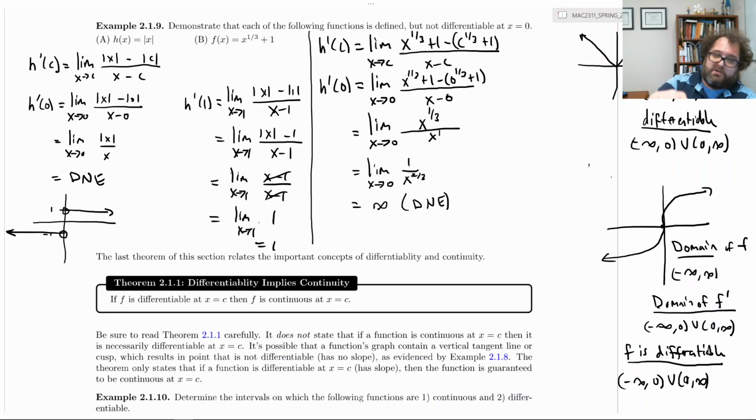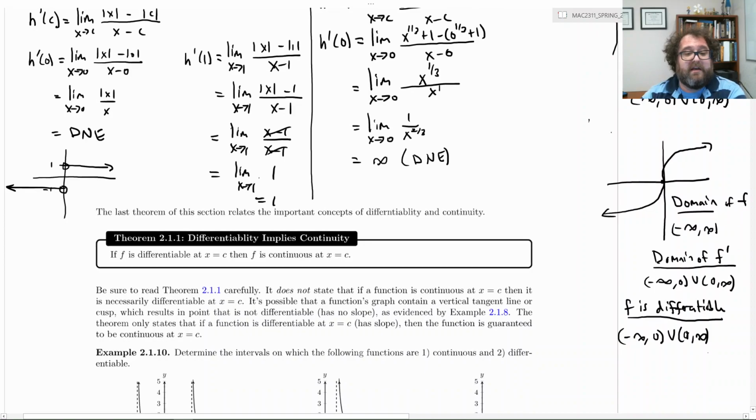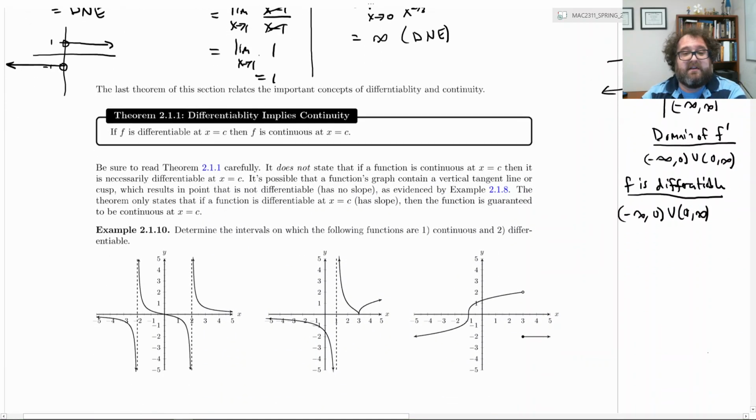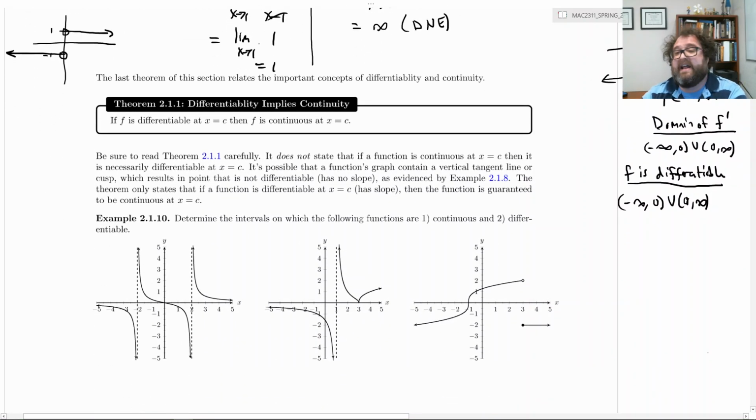And that relationship is theorem 2.11. So if f is differentiable at x equals c, then f is continuous at x equals c. But the converse is not necessarily true. Just because a function is continuous does not imply that it's differentiable. But if a function is differentiable, we know for sure it's continuous over the same values.